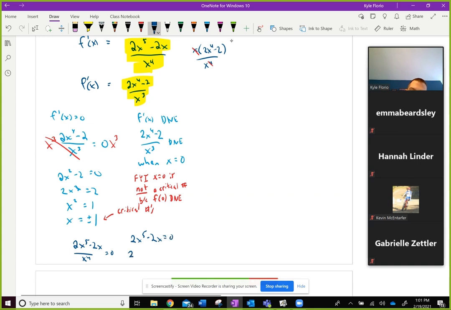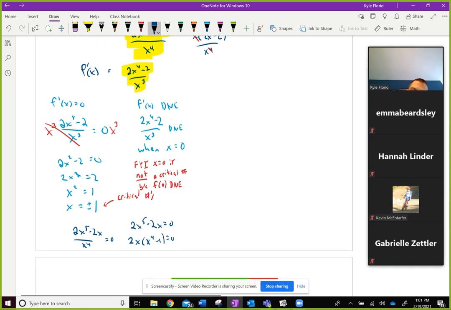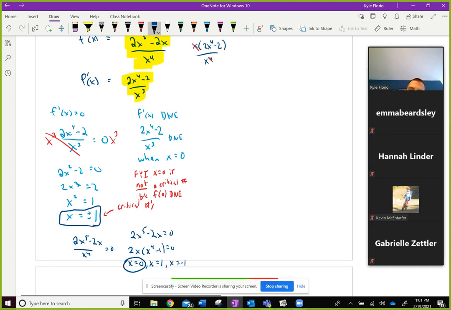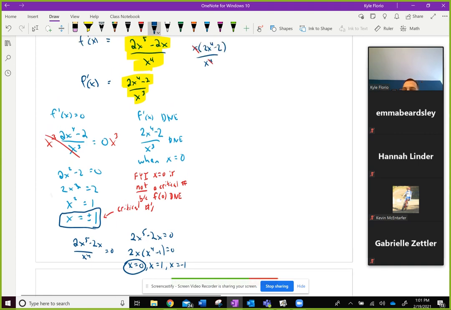And here we would actually have to factor out a 2x first. And then from here, we would have got x equals 0, x equals 1, and x equals -1. Now, 1 and -1 we already agreed are critical numbers, but we would have missed x equals 0 here. So when you divide out the x on the top and bottom, you're losing a possible factor.